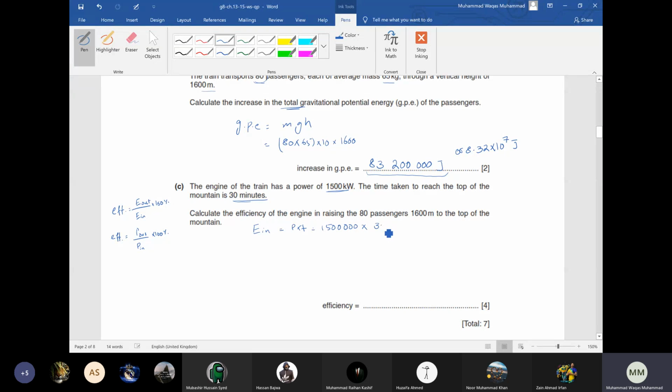Time is 30 minutes and we convert that into seconds, so 30 times 60. Now, beta, if you do this, what answer do you get?